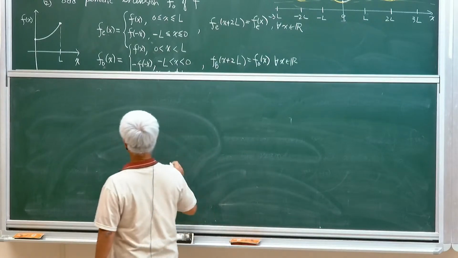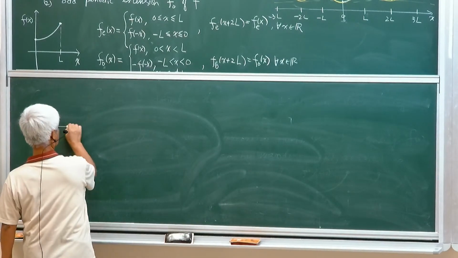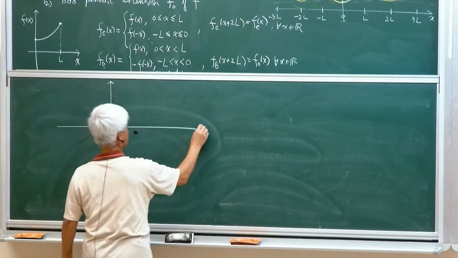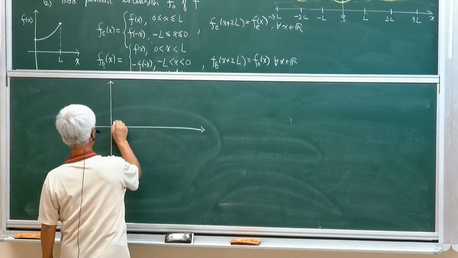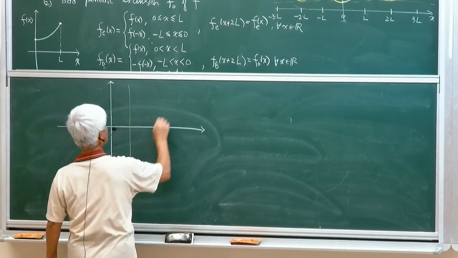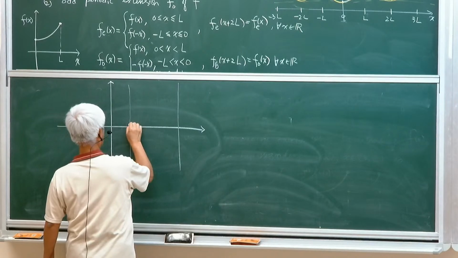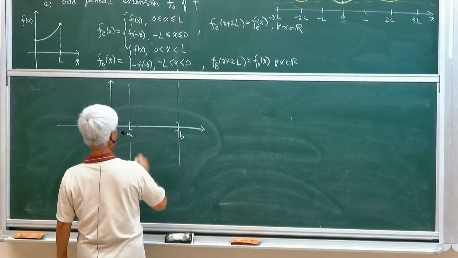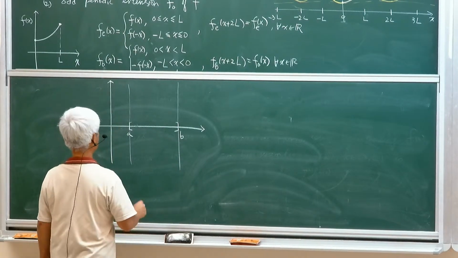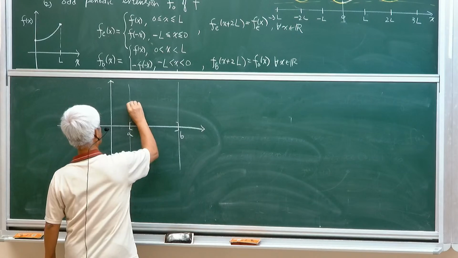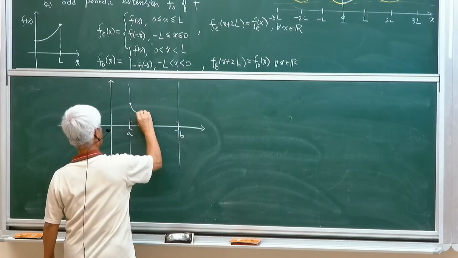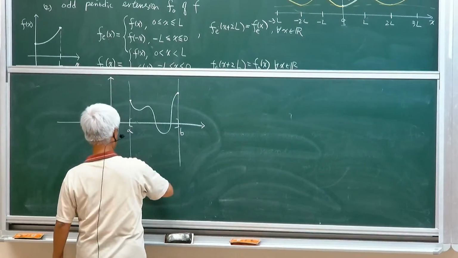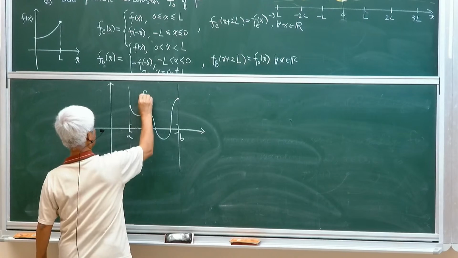Okay, so it's what we have here. Suppose that the interval is from A to B, and the limiting function, so this is the limiting function f of x.